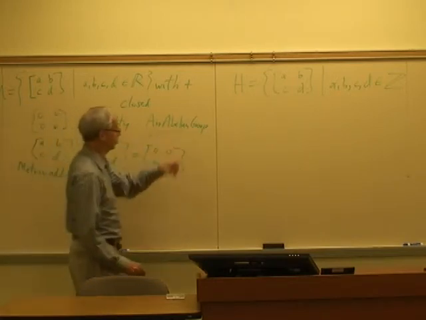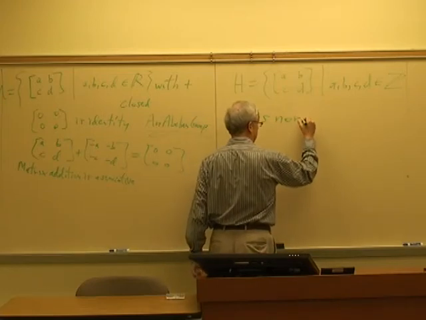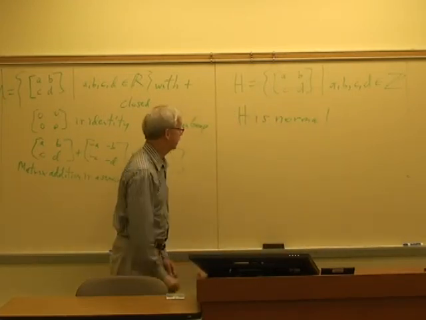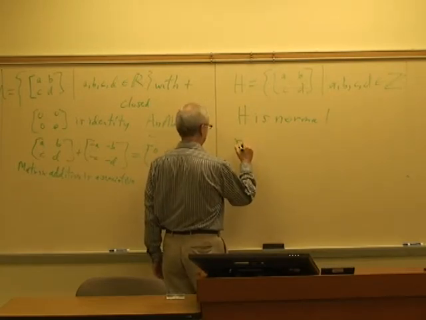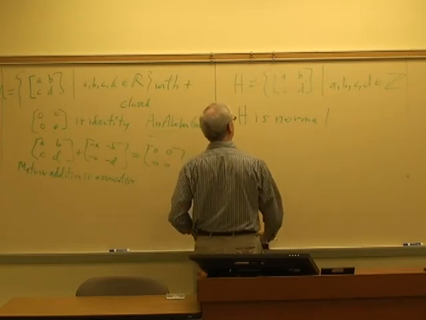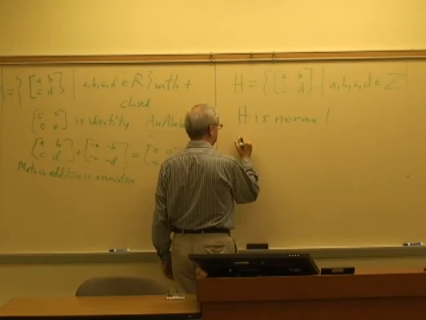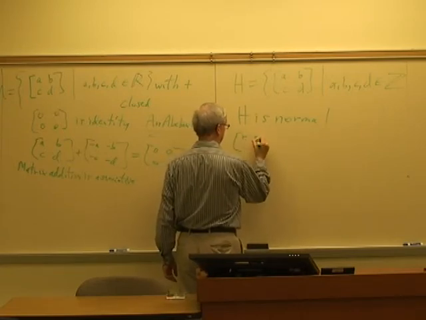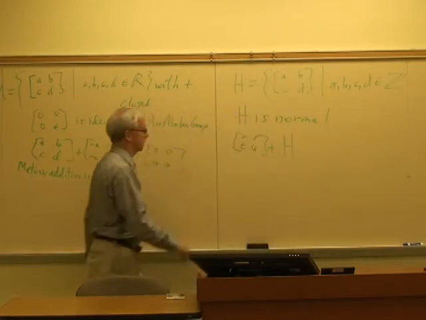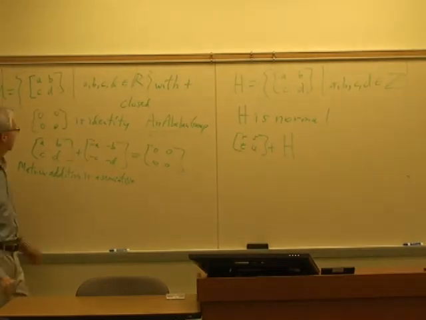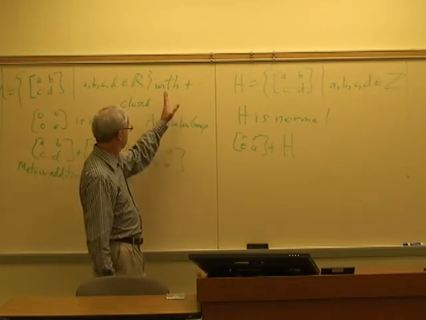This is an abelian group, so I know that H is normal automatically. That is, if I take any other matrix, I form these by taking things in the outside world. So I'm going to take U plus H, that's how I form cosets. In this case, I take an arbitrary element of the group, and I add, because that's my group operator.